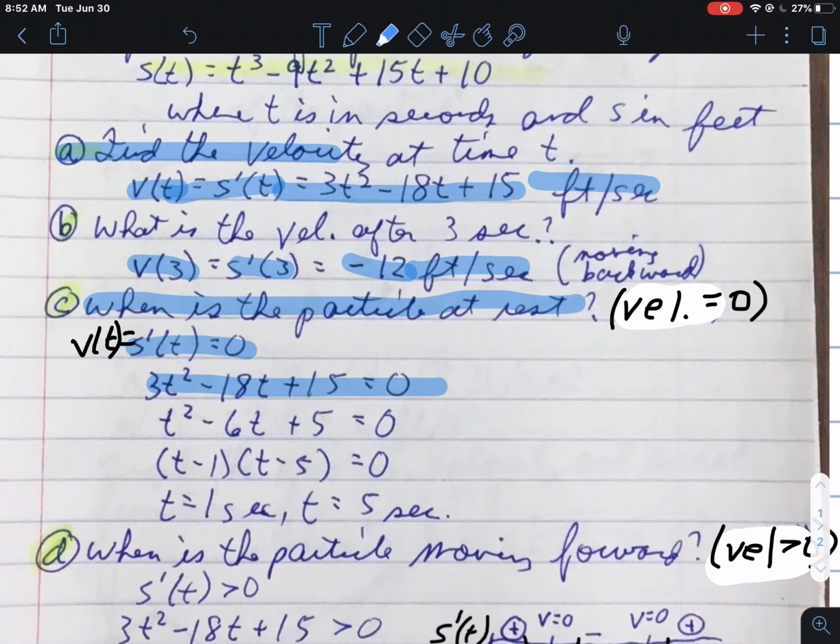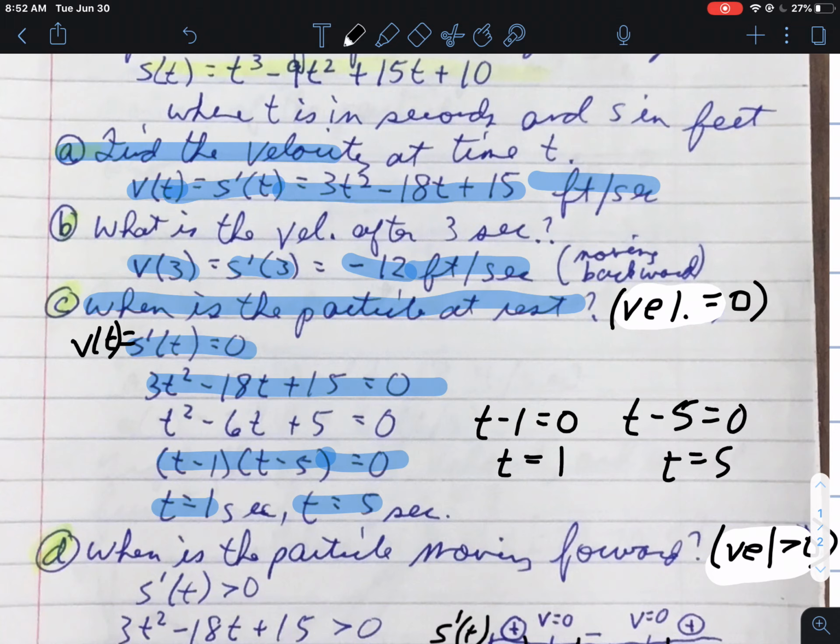So I factor, I get t minus 1, t minus 5 equals 0. Set each factor equal to 0, and I've got t equals 1 and t equals 5. And again, I know I'm skipping some of the basic algebra here, but I trust that you remember how to solve a basic polynomial equation.